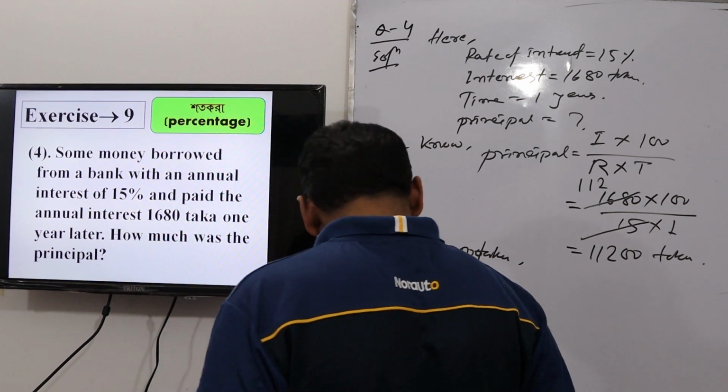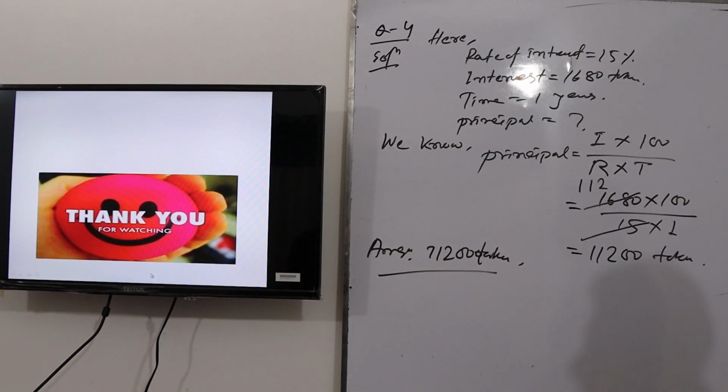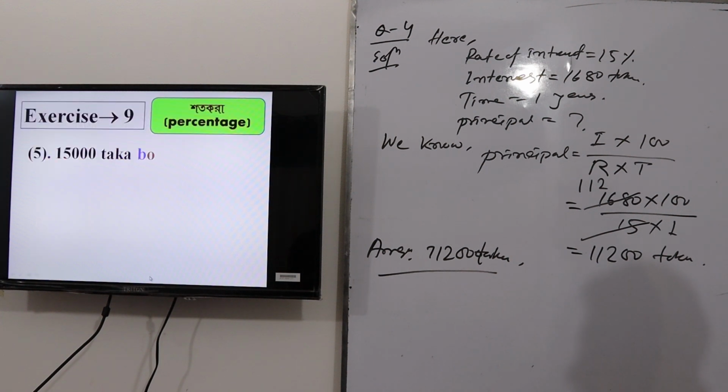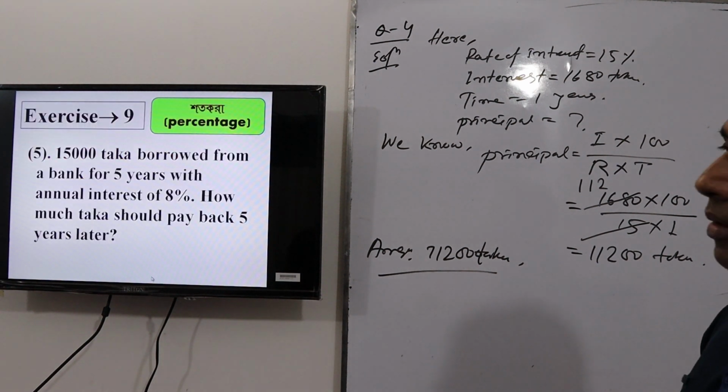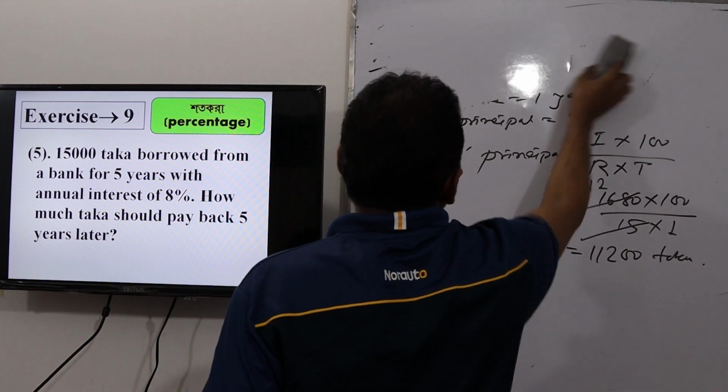Next is question number 5. 15,000 taka is borrowed from a bank for 5 years with an annual interest rate of 8%. How much taka should be paid back 5 years later?